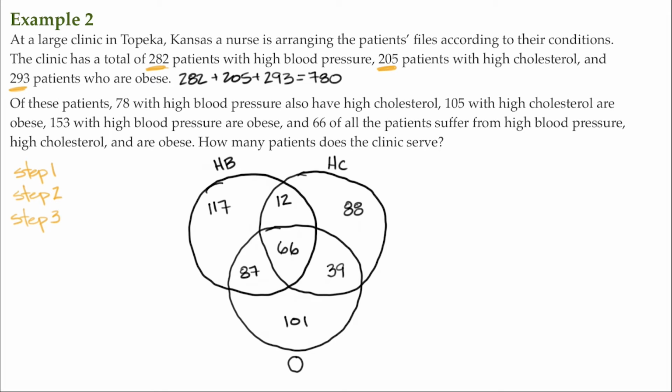So in the end, this is what our Venn diagram should look like. Here is our 282 with high blood pressure. Here is our 205 with high cholesterol. And here's our 293 who are obese. And then we have all these overlaps.